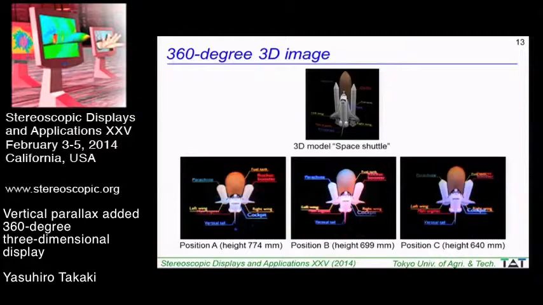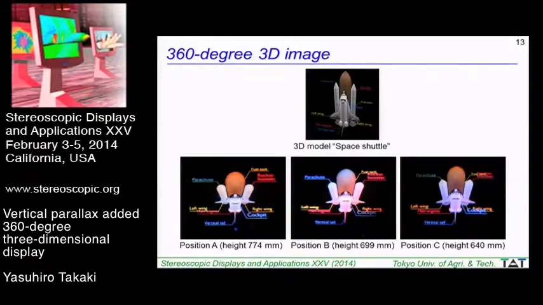I'll show you the second 3D image. The relative position of the world changed depending on the height of the viewing point, and the color change was also observable. And the height of the shuttle was more than 500 millimeters.